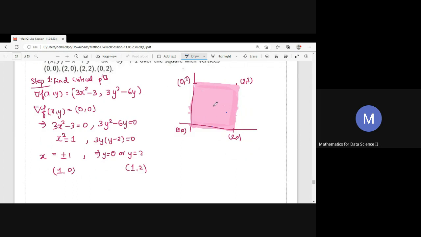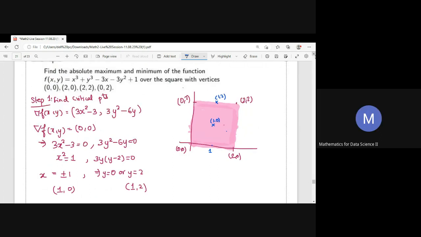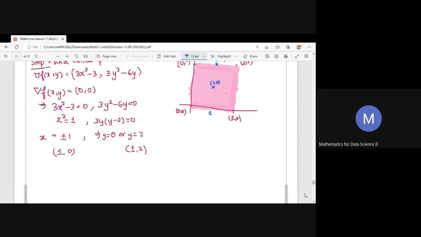If you want to visualize, maybe you can use some 3D calculator and look at the graph, but it is not required. The given intervals are not intervals, they are vertices, just points.